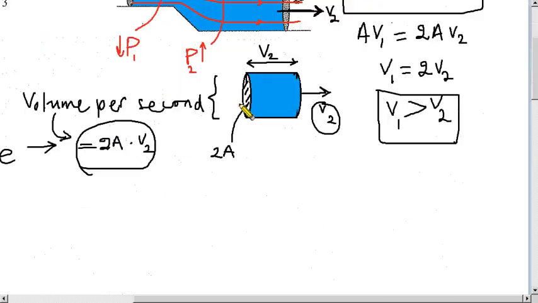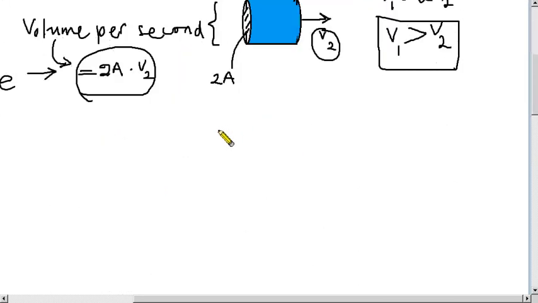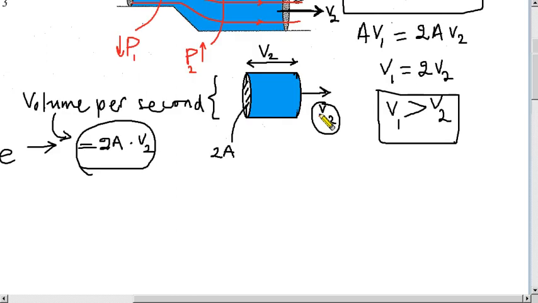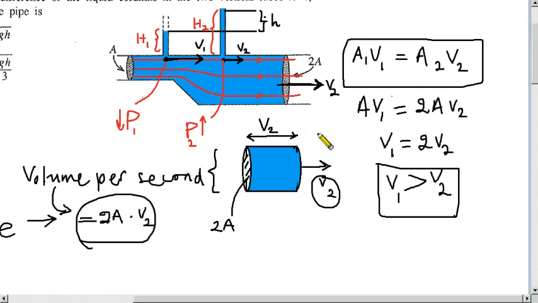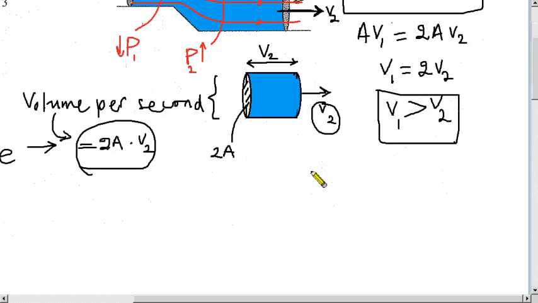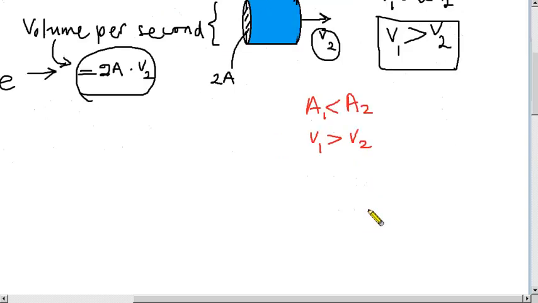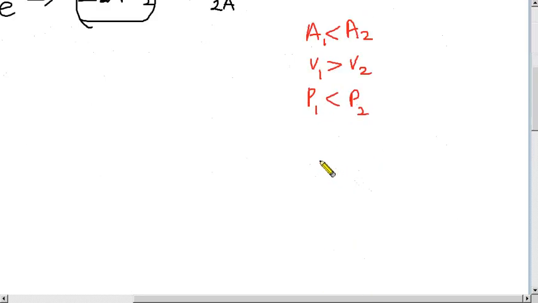Since this paper is a multiple choice question paper, you don't have to write these things, but for understanding we can write: A1 is smaller than A2, therefore V1 is greater than V2, therefore pressure P1 is smaller than P2, therefore capital H1 is smaller than capital H2.